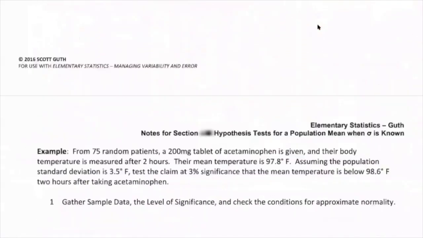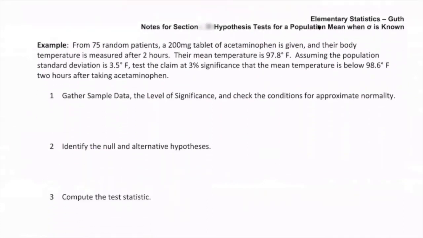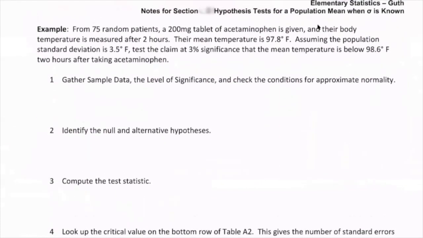It's just another example, basically the same thing. It says from 75 random patients, a 200 milligram tablet of acetaminophen is given, and the body temperature is measured after 2 hours. Their mean temperature is 97.8.